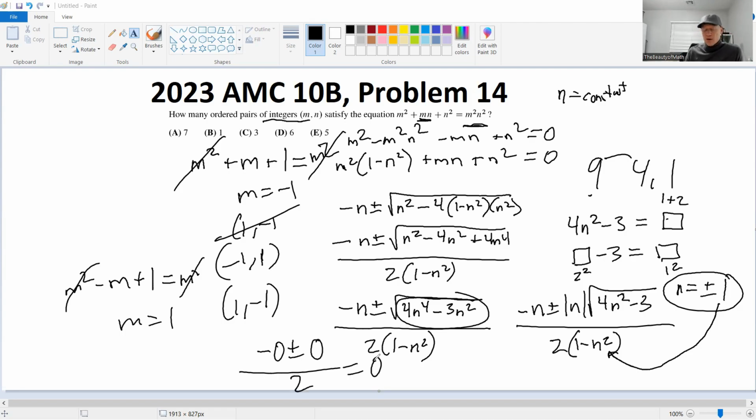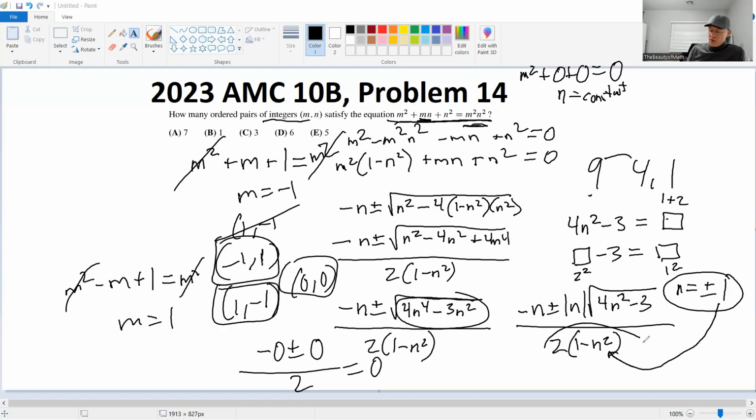And so again, if it worked for n, you can plug it in, and you're going to get m squared plus 0 equals 0. And then you would get that m also must be 0. You can actually just look at a glance. They call that by inspection. You can see that 0, 0 is going to be a solution to this. And so those are going to be your 3 solutions.